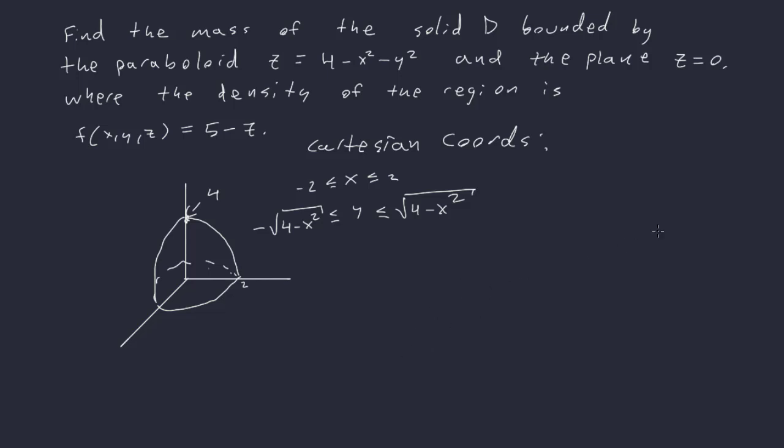So instead, we'll use cylindrical coordinates. Okay, because how do we know what the circle is? Well, we see where these two surfaces intersect. So this here is z equals 4 minus x squared minus y squared.